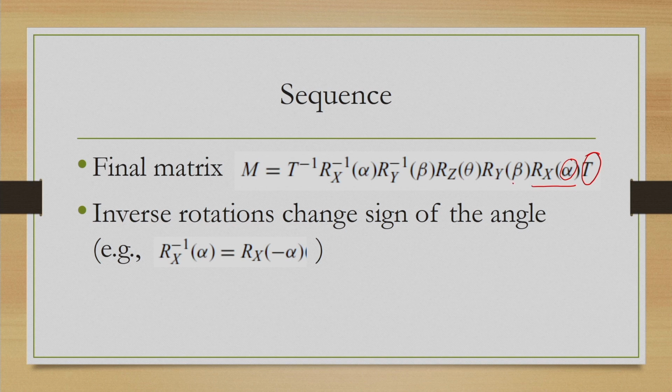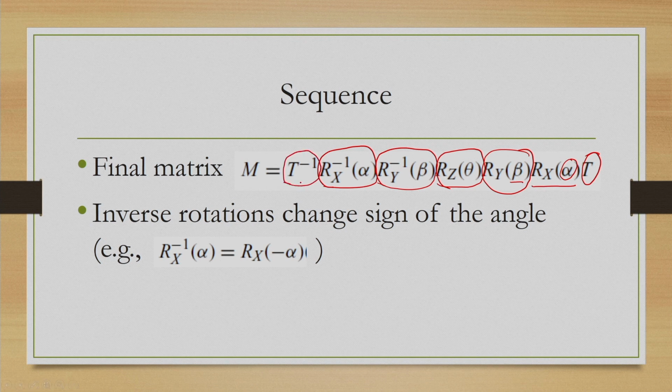Then we perform a rotation by an angle beta around the y axis to align it with the z axis. Then we perform the actual rotation by an angle theta with respect to the z axis. Then we reversed the earlier steps, that is, first we perform rotation with respect to y, then rotation with respect to x by the same angle amount as in the earlier cases, and then reverse translation.